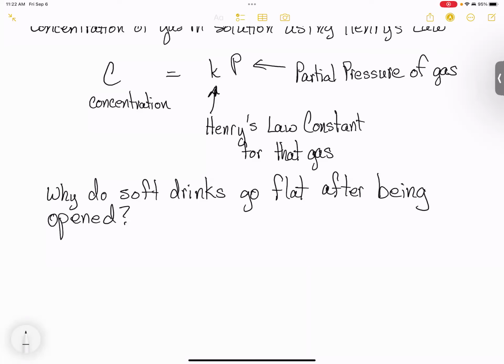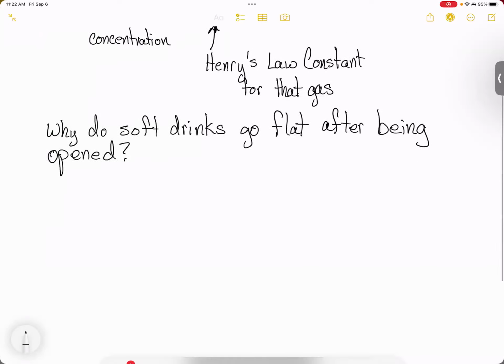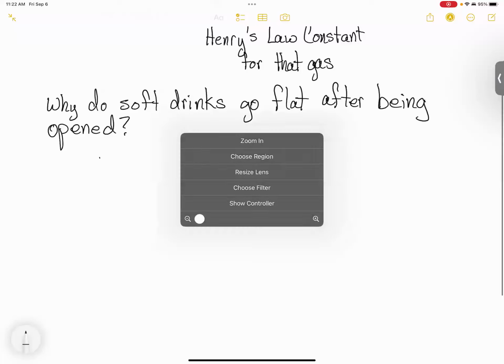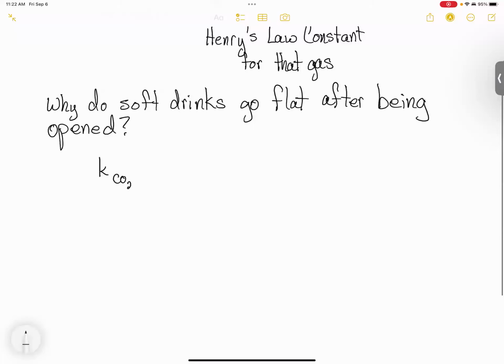Because Henry's constant for CO2 in water is only 3.4 times 10 to the minus 2, in molar per atmosphere.